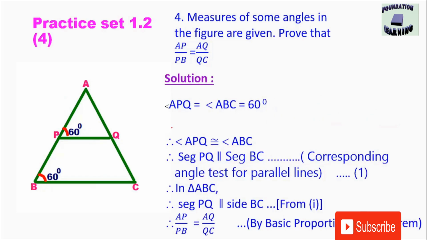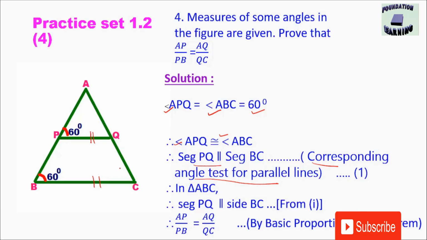Okay. Now let's write the proper solution. Angle APQ is equal to angle ABC, which is given in the figure, 60 degrees. Since they are equal, they are congruent, right? Angle APQ is congruent to angle ABC. Therefore seg PQ is parallel to seg BC, because the corresponding angles are congruent. Therefore, by the corresponding angle test for parallel lines, seg PQ is parallel to seg BC.